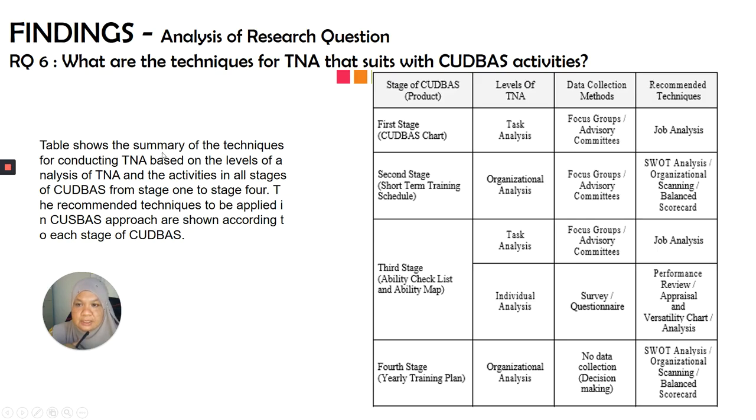The table shows the summary of techniques for conducting TNA based on level of analysis of TNA and the activities in all stages of Cudbas from stage 1 to stage 4. The recommended techniques are to be applied in the Cudbas approach as shown accordingly to each stage of Cudbas. That means we can map all the TNA activities with the Cudbas method.